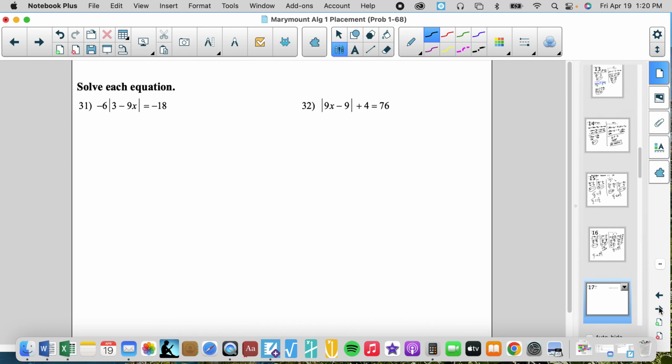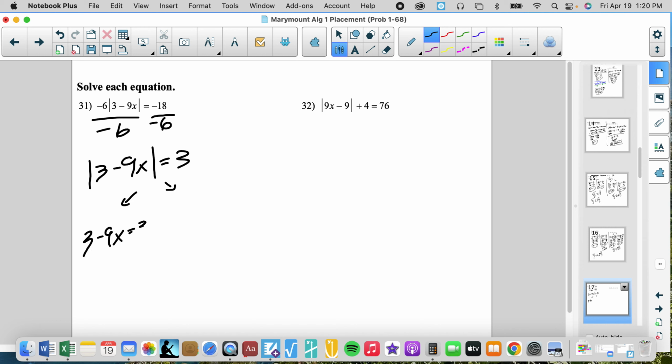Not isolated. So we have to divide by negative 6. We get the absolute value of 3 minus 9x equals positive 3. Now it's isolated. Now we can separate them into two statements. Minus 3, negative 9x equals 0.